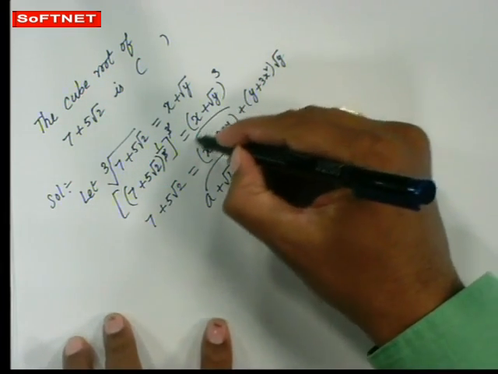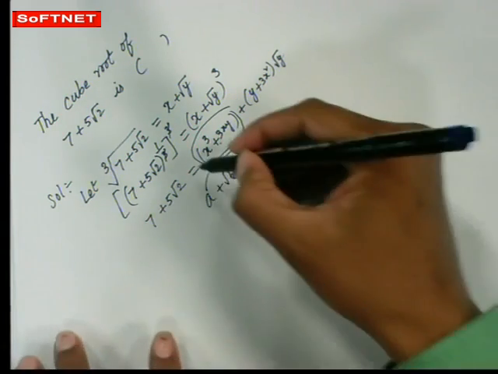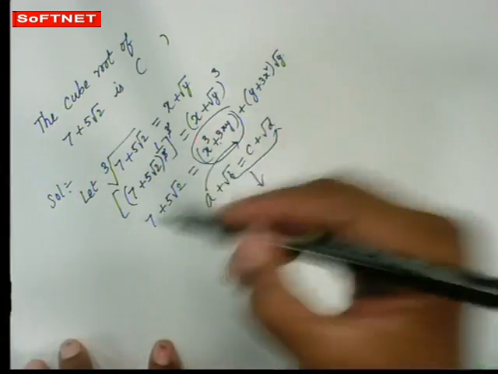That means the rational part is equated to the rational part and the irrational part to the irrational part. But for this problem, better you concentrate only on the rational part. Always remember, in order to find x and y, just concentrate on x cube plus 3xy. This x cube plus 3xy is equal to 7.